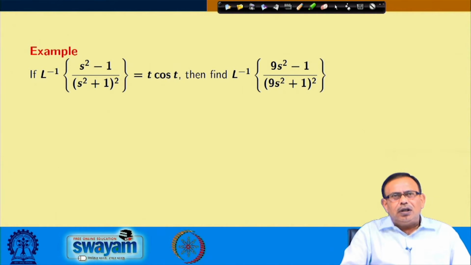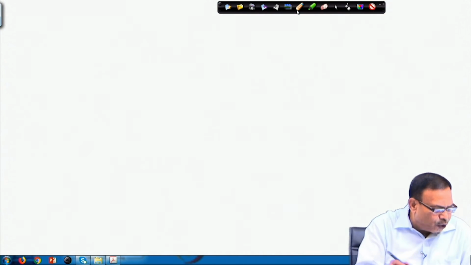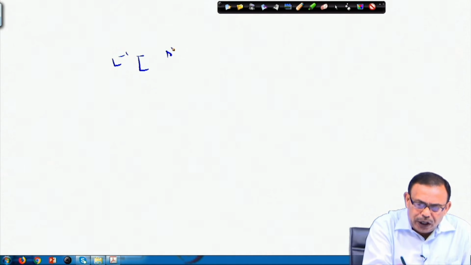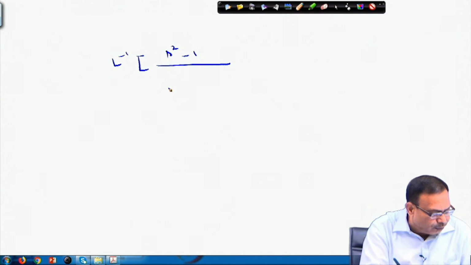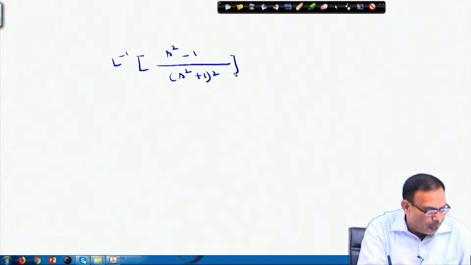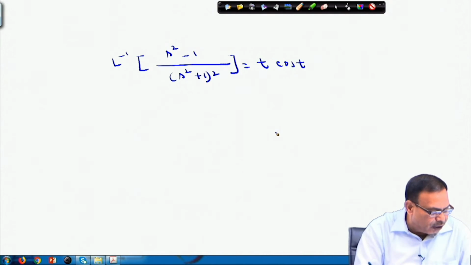Or in other sense, if I know Laplace inverse of some function, using that knowledge, how to find out the Laplace inverse of some other function. For this one, Laplace inverse of (s square minus 1) by (s square plus 1) whole square, we have written as t cos t.